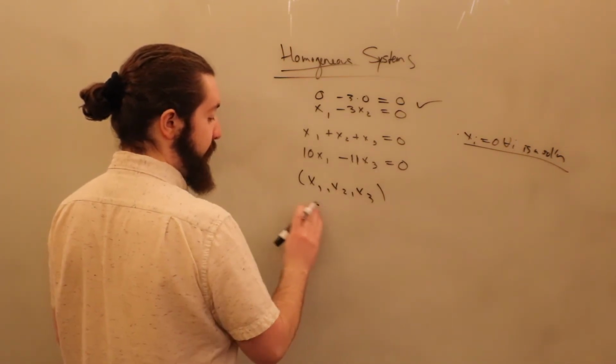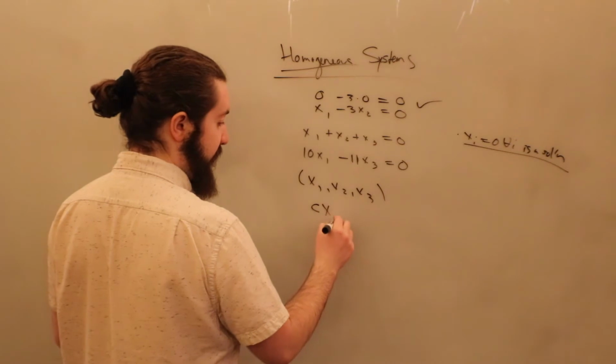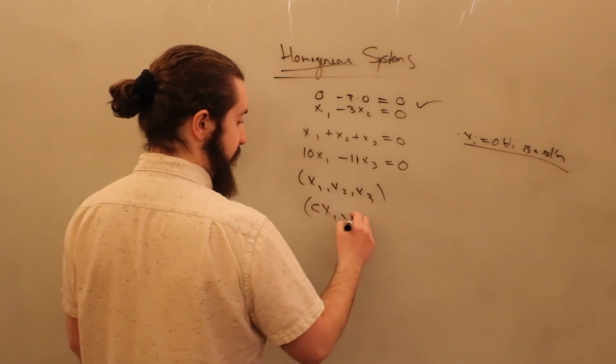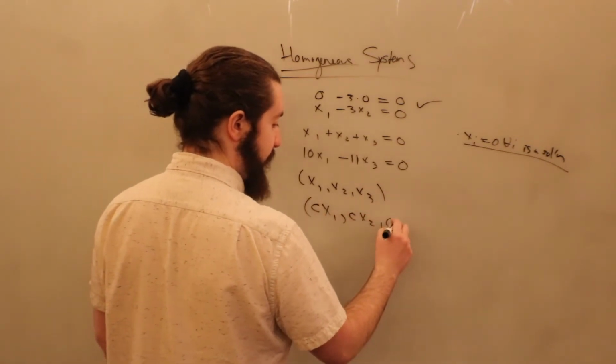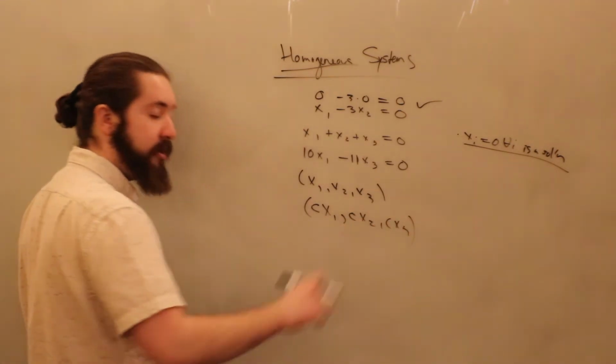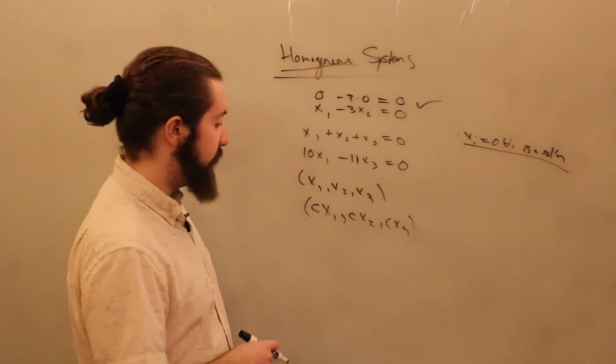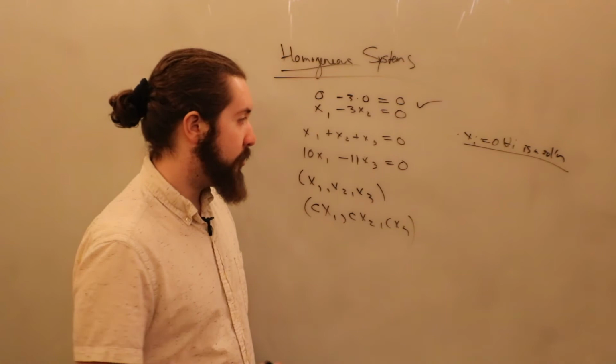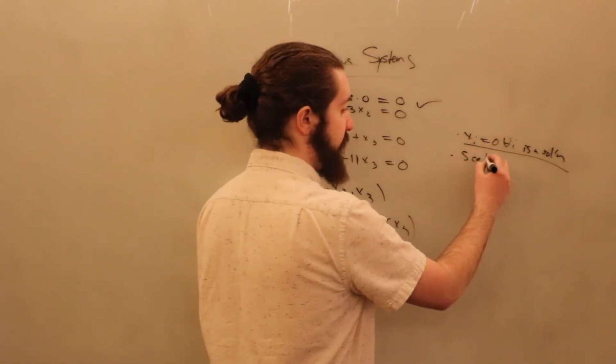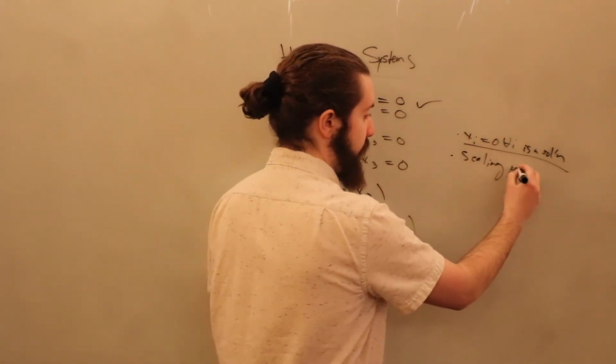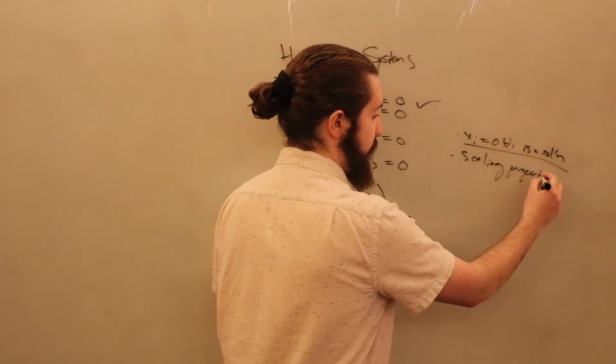So if you had some number c, then c times x1, c times x2, and c times x3 for any real number c would also be a solution. This scaling property is super important.